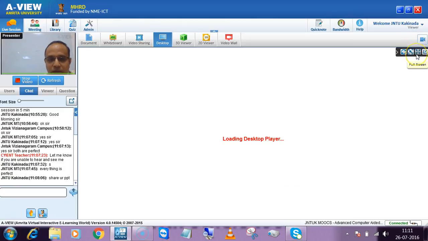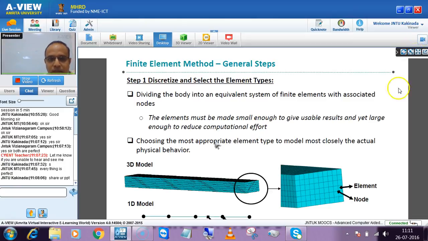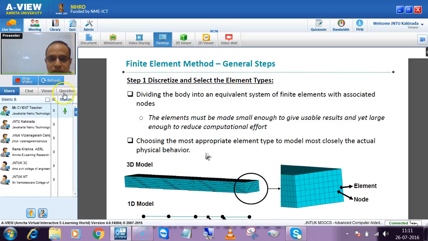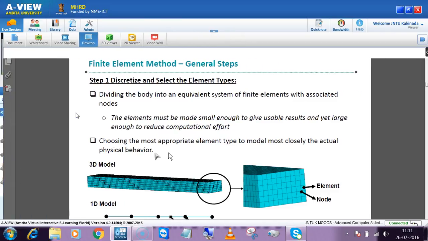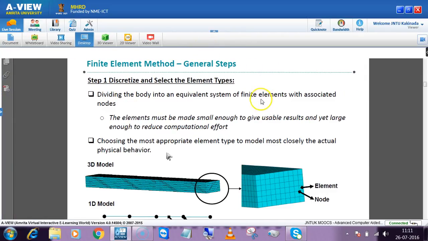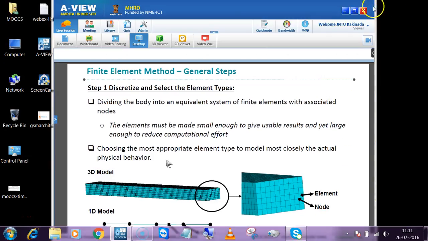There are a lot of techniques that we can discuss later, but we need to ensure that we use optimum element size so that we can get usable results as well as a reduction in computational effort. And also another important point is we need to choose an appropriate element type so that it closely matches the physical behavior.